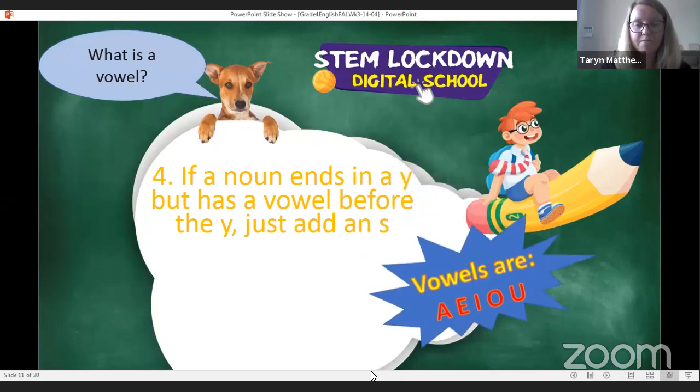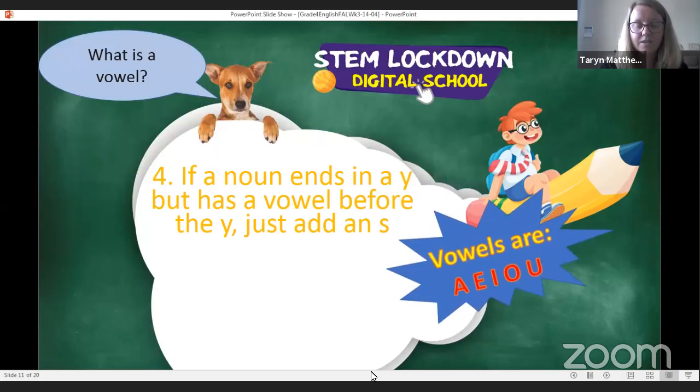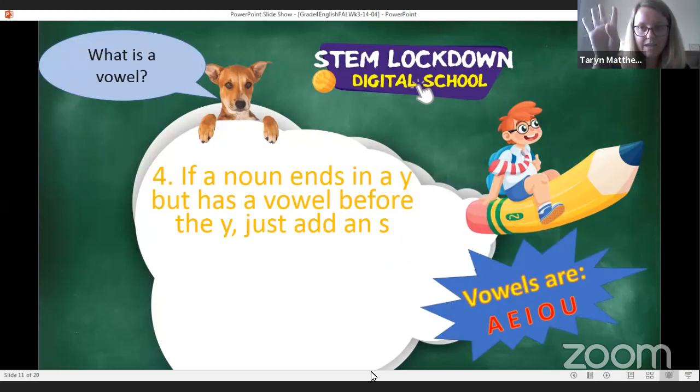Okay, so when we look at vowels, A, E, I, O, U. So that's the easiest way to help remember, to use your 5 fingers, because we know there are 5 vowels. So the rule says, if the word ends in a Y, but it has a vowel before, we just add S. So let's have a look.